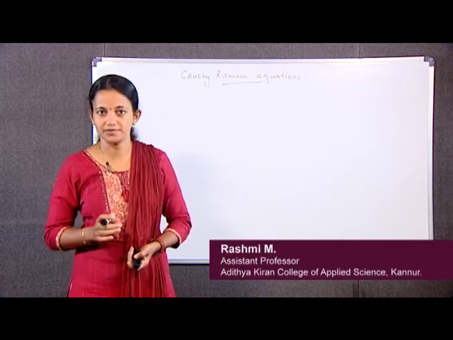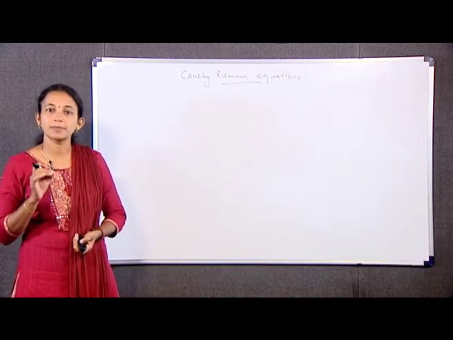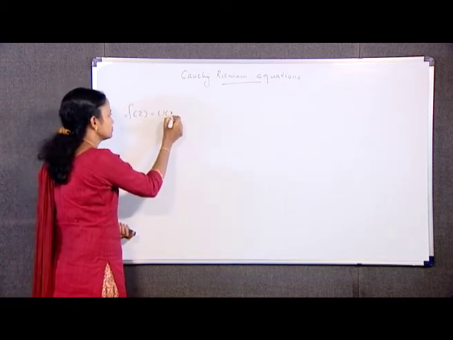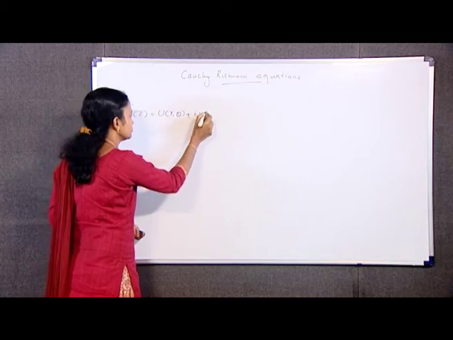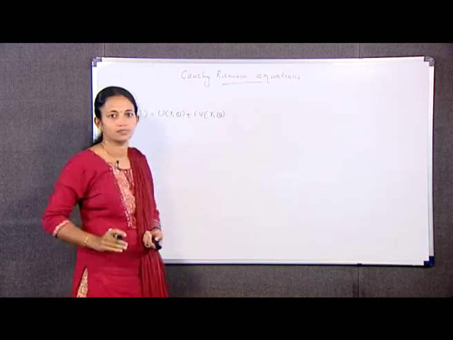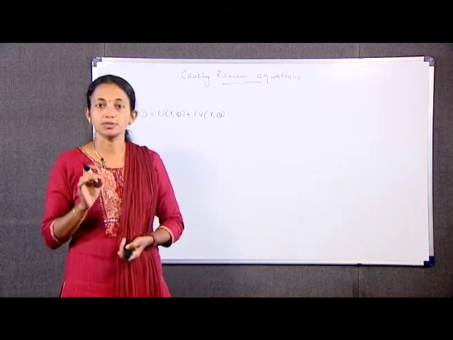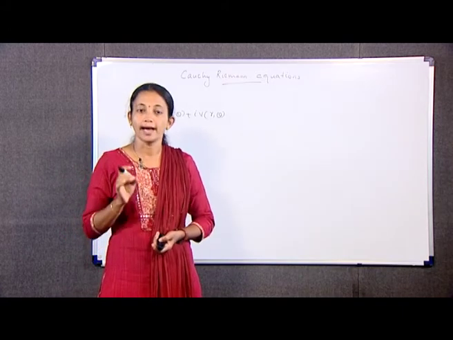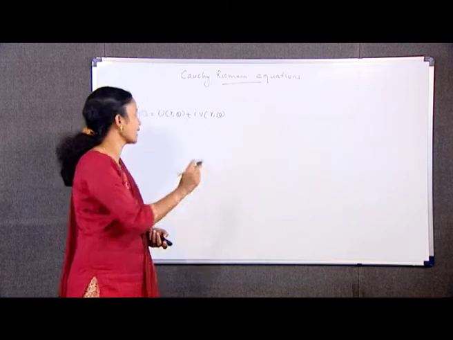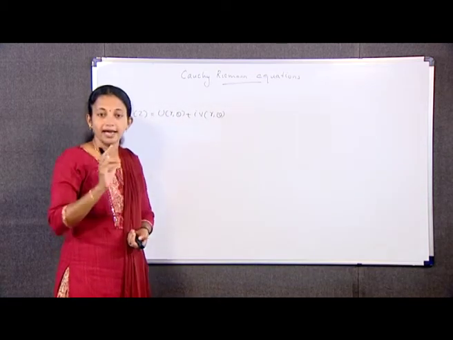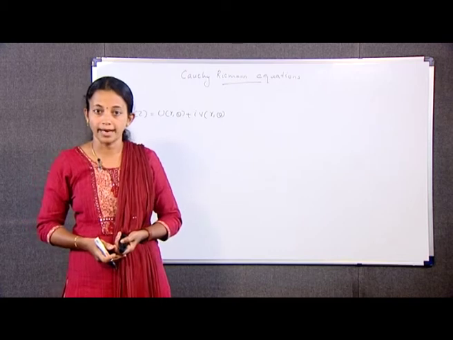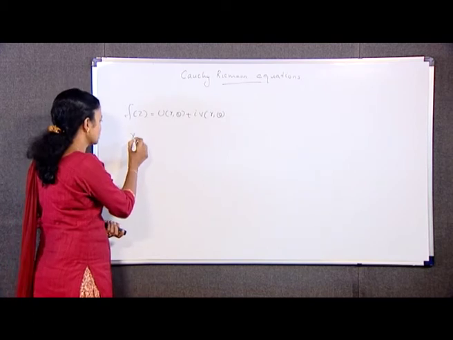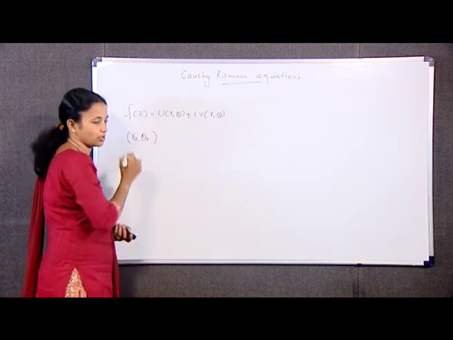For the function f(z) = u(r, θ) + i v(r, θ) in polar coordinates, suppose that the first order partial derivatives of the functions u and v with respect to r and θ exist everywhere in that neighborhood and that they are continuous at (r0, θ0), or we can say (r naught, θ naught).